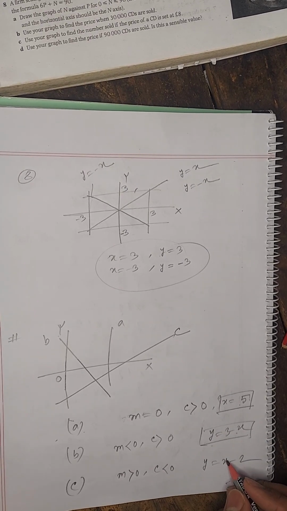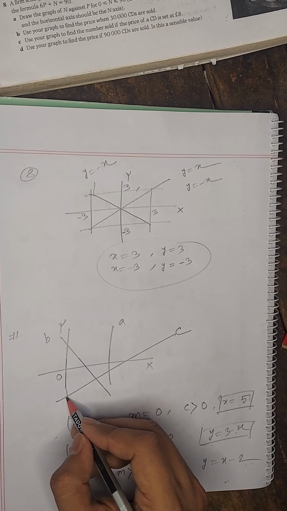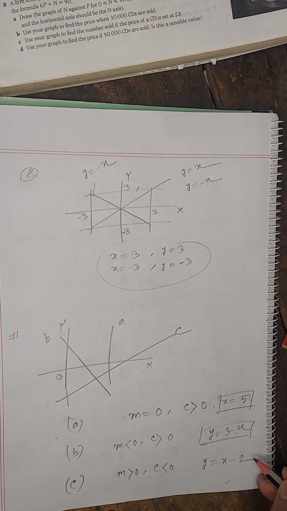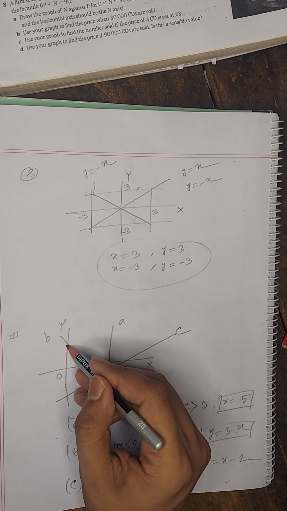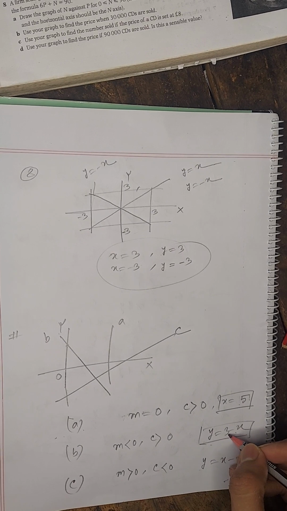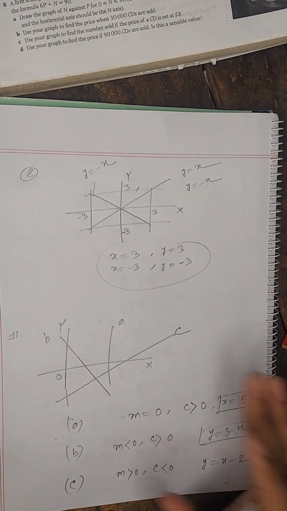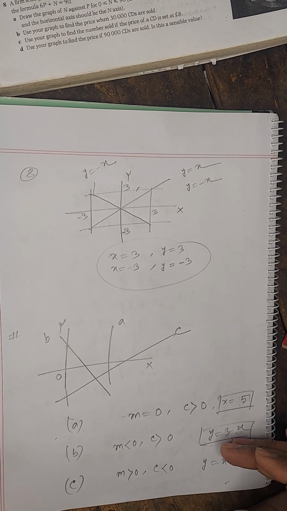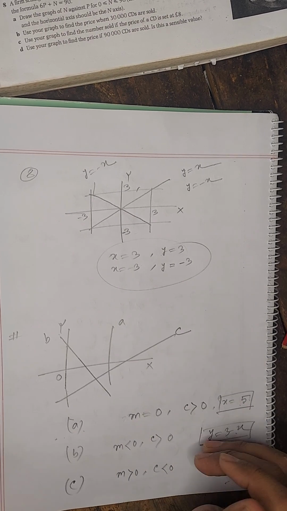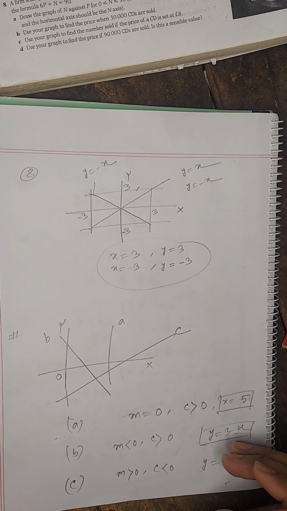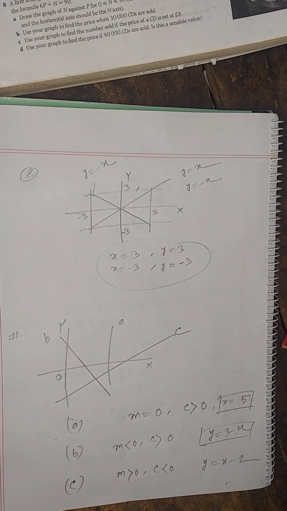See, if we put the value of x as 0, then the value of y, the y-intercept, is -2. And for B, it is a positive value, so that's why the y-intercept will be positive. So those are the basic rules for sketching graphs. Try to get the concept, and try to practice more sketching.